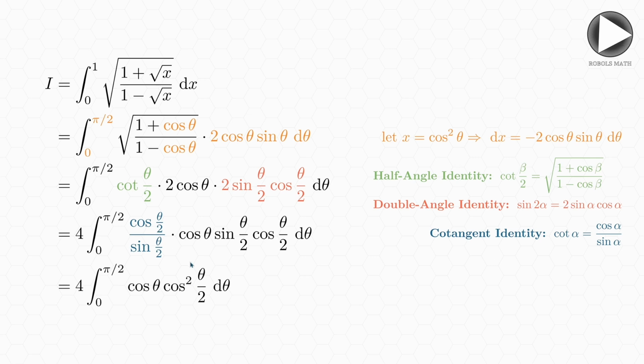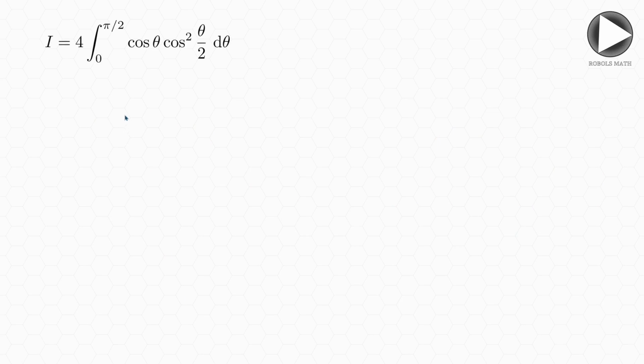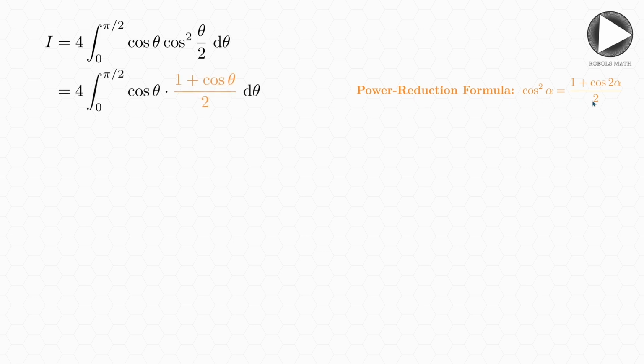The next part will be evaluating this trig expression. We have the integral of cosine theta times cosine squared of theta over 2 from theta equals 0 to pi over 2. We have a square of cosine here, so we can use a power reduction identity. We know that cosine squared of alpha is equal to 1 plus cosine 2 alpha all over 2.